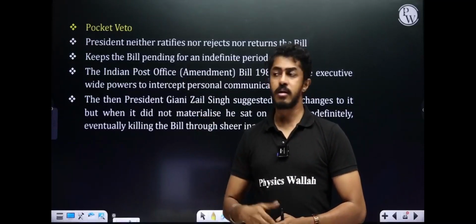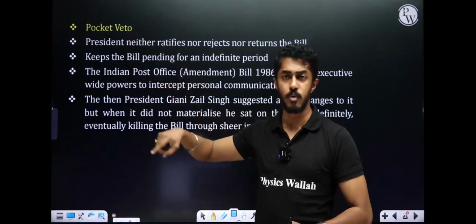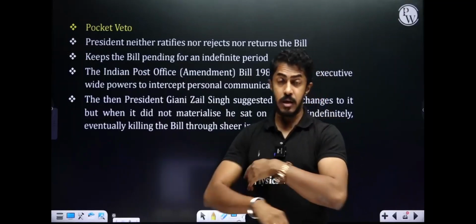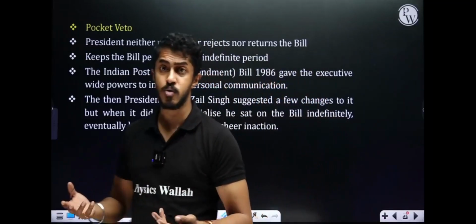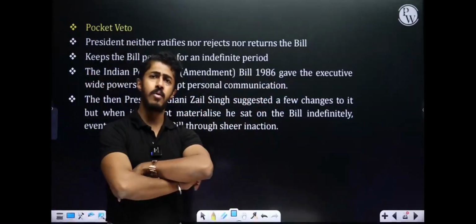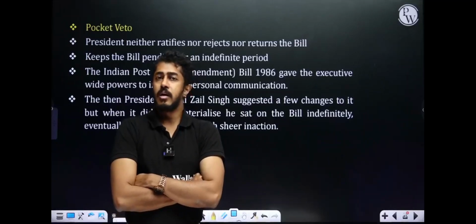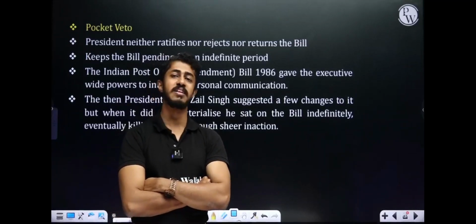Gyani Zail Singh did not like it. So when finally the bill did all the ring-a-ring-a-roses and finally reached him, he just sat on it. Obviously, the Council of Ministers would have tried their real best to please sign it. He'll be like, no, I won't sign. Whatever you want, you people do. Because they can't do anything. You cannot actually remove the president that easily.